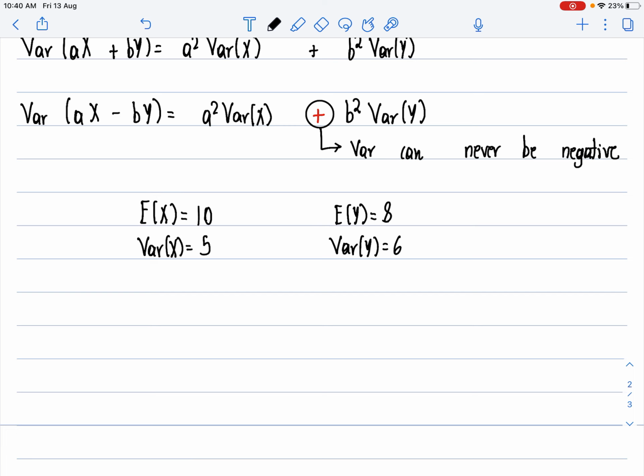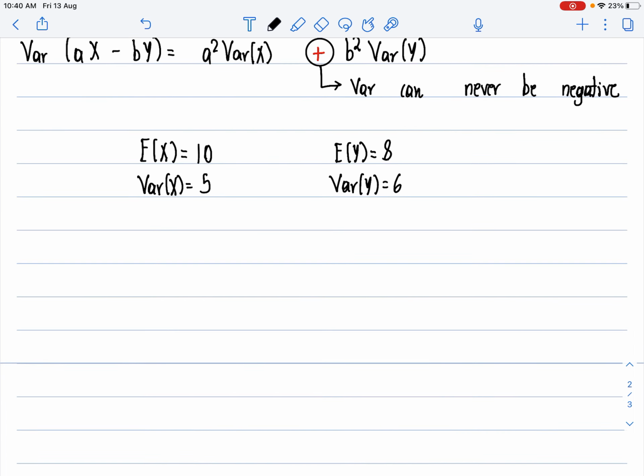This is what is given to you. Now they'll ask you, question 1, calculate the mean of 3x minus 2y. And they'll even ask you the variance of the same 3x minus 2y.